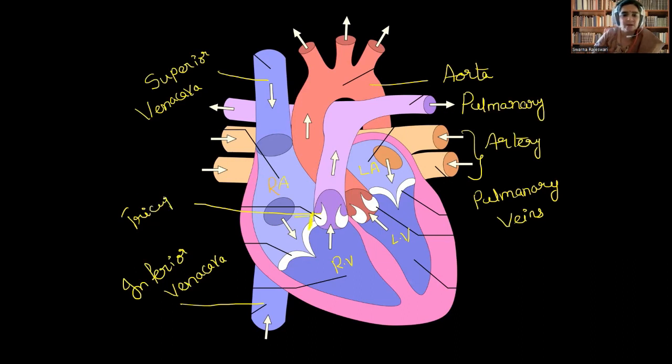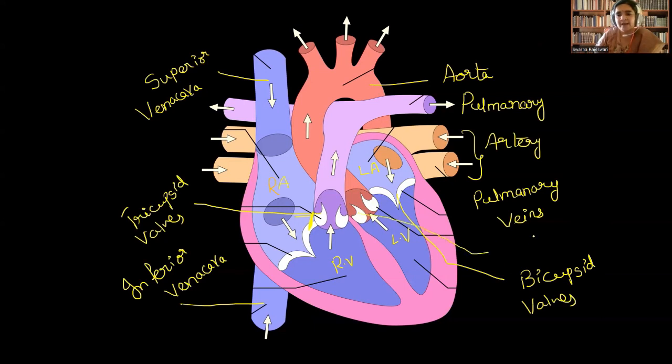These are the tricuspid valve, and these which are present on the left side in the auriculoventricular septum, we call bicuspid valve. And these valves which are present in the aorta and the pulmonary artery, we call semilunar valves. So this much we are clear.